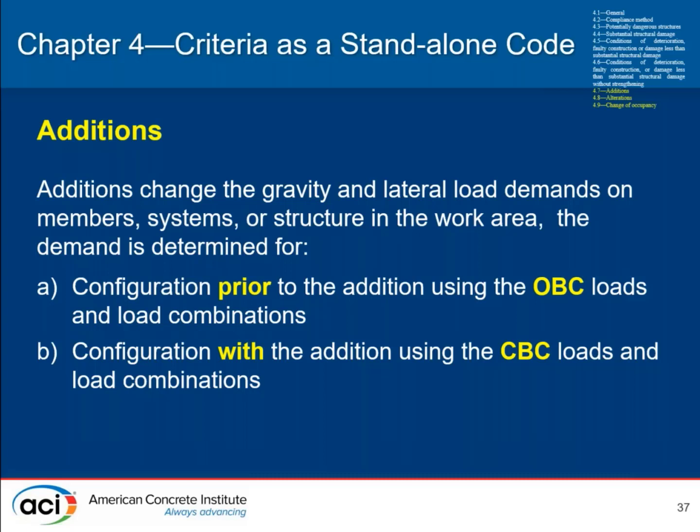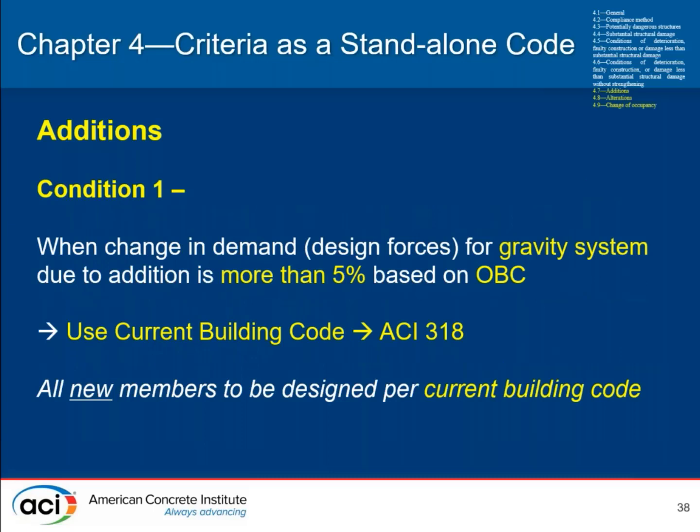And it's also checked for the configuration with the addition using the current building code loads and load combinations. However, if the demand on the gravity system increases by more than 5% based on the original building code due to the addition, then the current building code should be used to design new members in the addition.